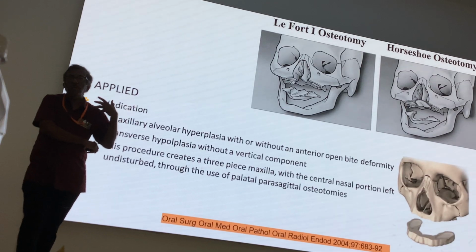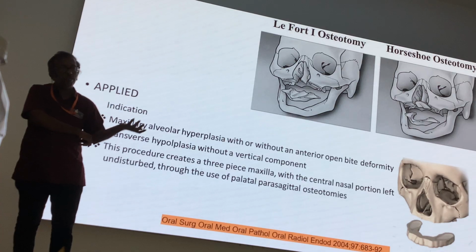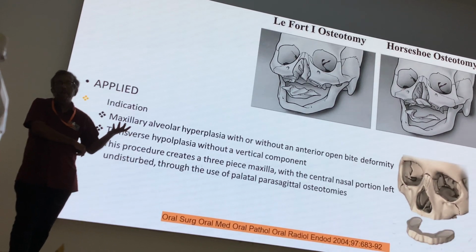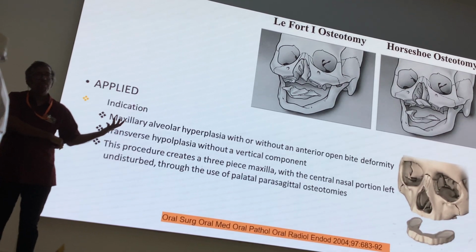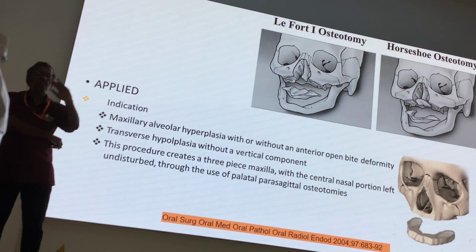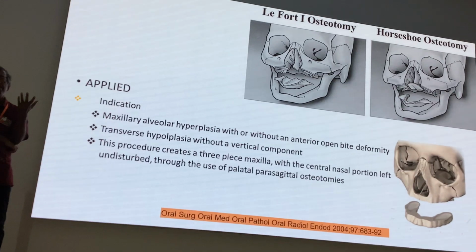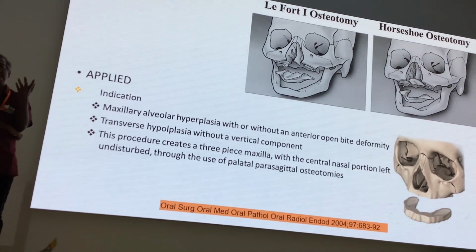One way is removing it posteriorly, or through the pterygoid. You understood? So normally it is through the pterygoid. So you remove bilaterally. Next step is the lateral osteotomy.